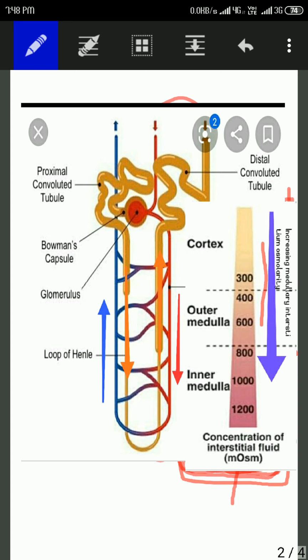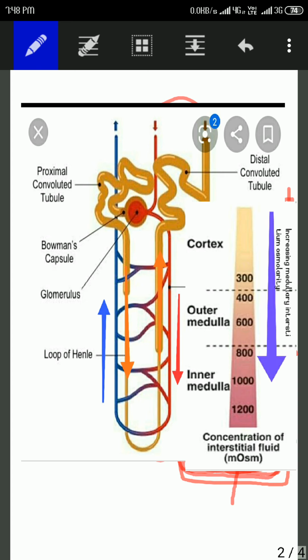As we go down from cortex to medulla, the concentration of interstitial fluid increases. Here we can see 300, then it becomes 600, then 1200. This change in concentration is known as the medullary interstitial osmolarity gradient. This gradient is created as well as maintained by the help of the counter current mechanism.